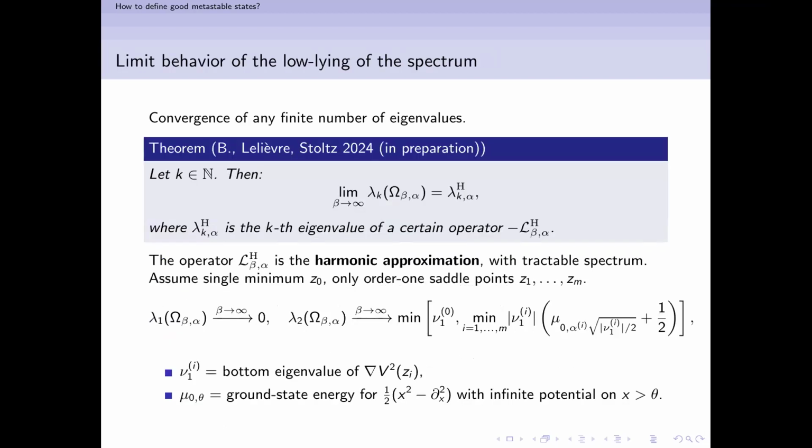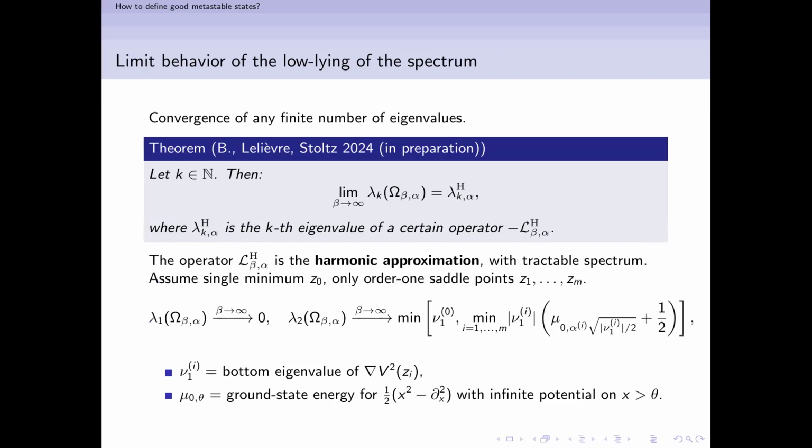Okay, so the first theorem we have is about the limit of any eigenvalue. We take any finite eigenvalue, and we show that when beta goes to infinity it converges to the eigenvalue of some operator, which we can compute explicitly, and which is some kind of harmonic approximation.